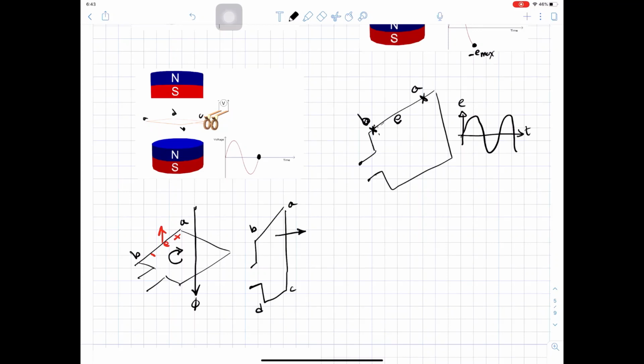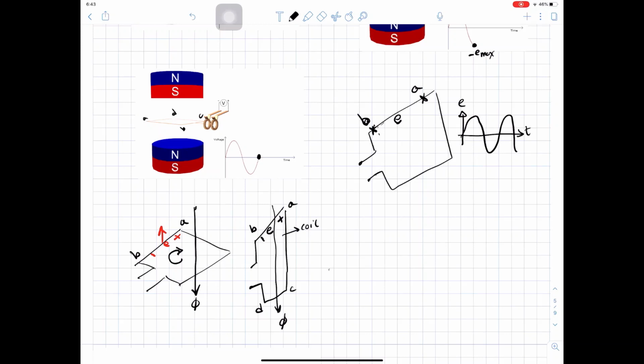Then if you take this coil to be vertical, here is A, B, C, and D. This is the direction of the coil, and the flux is still going down. So your voltage will be in this direction E, and it will be maximum.